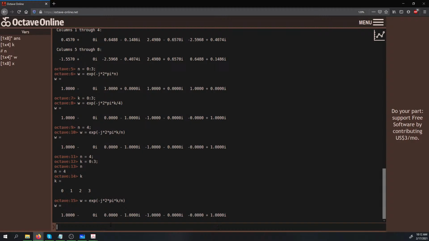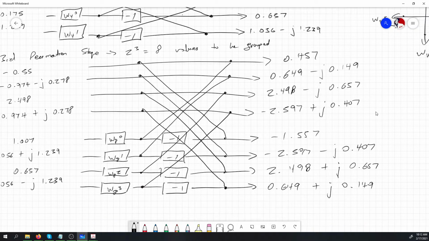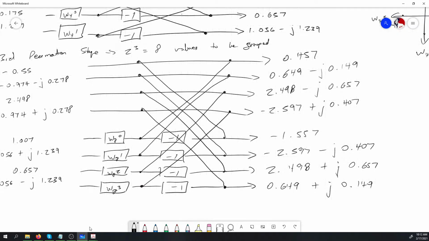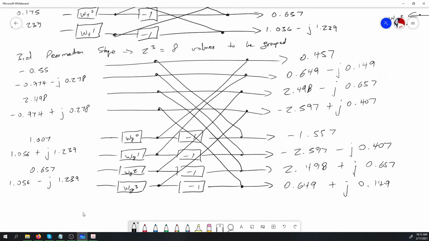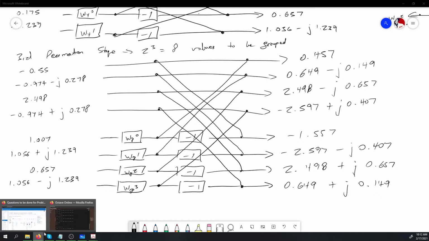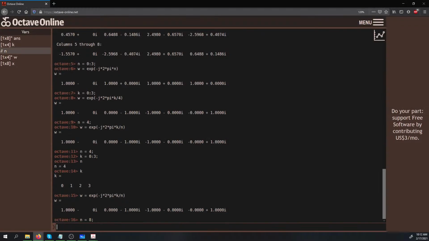Similarly, for the third decimation stage, when we go up to W of 8, all we need to do, because we already have it in our MATLAB or Octave code, is change the values of n and k and map it back to the twiddle factor calculation. For the third decimation stage, n will go up to 8, and that means k will go from 0 to 7 instead.